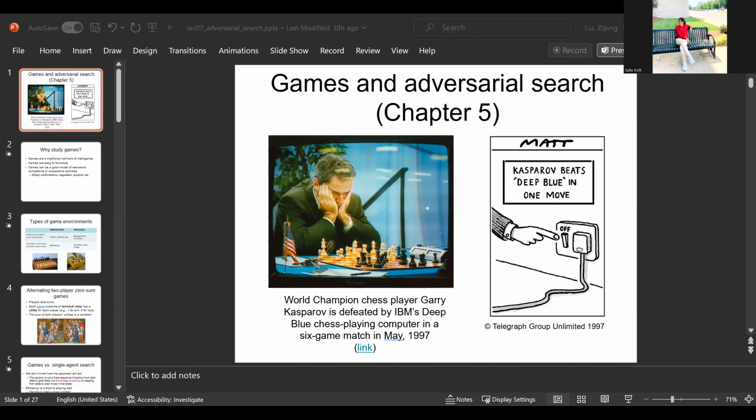The leaf nodes are terminal nodes, and the number shown is the terminal utility for max. The edges show the action you take: here is the action max takes, and this is the action min takes, which then leads to another state.